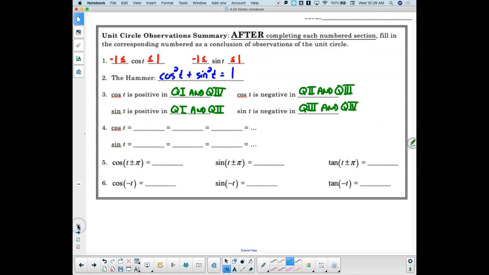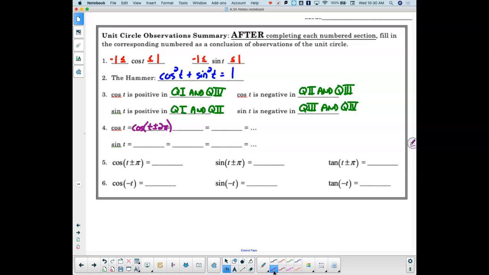So then with number 4, you should have figured out that cosine is the same when you add or subtract 2 pi.